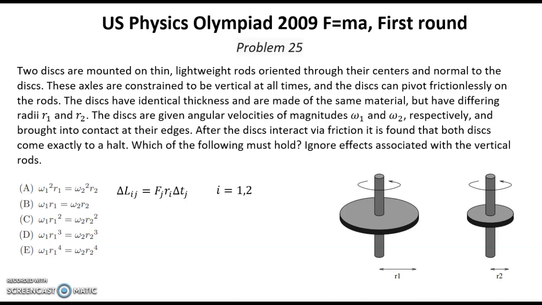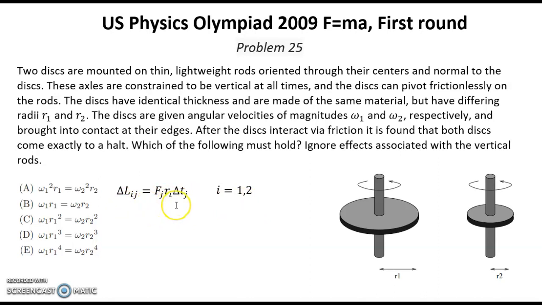And the change of angular momentum equals this expression: force multiplied by radius multiplied by delta time, where i equals 1 or 2. That's correct for both discs.